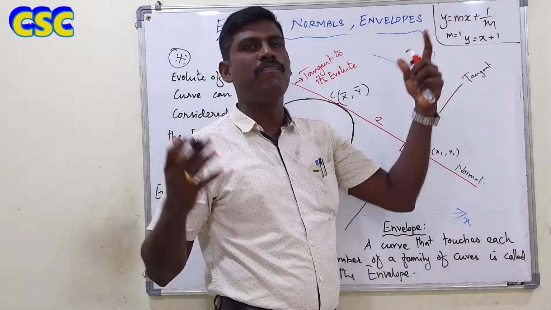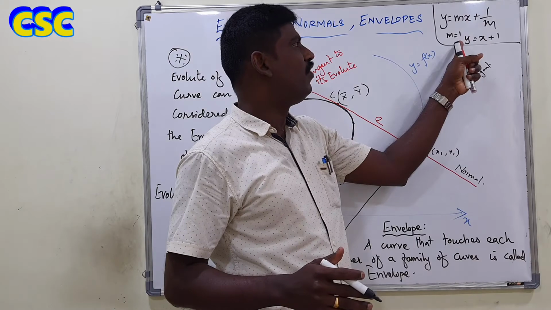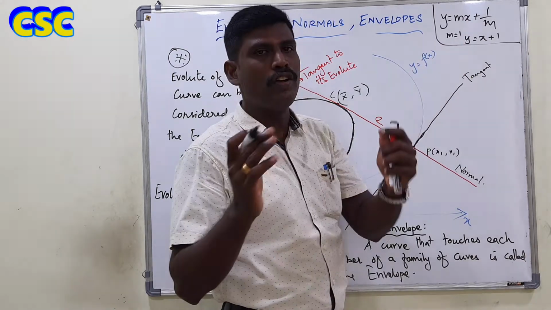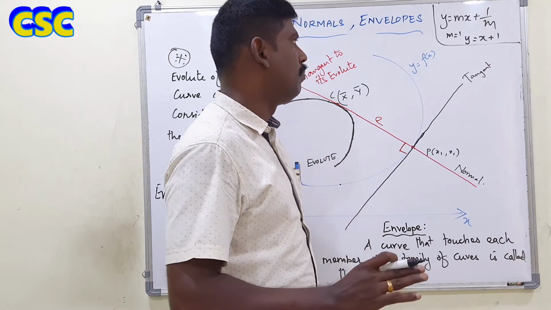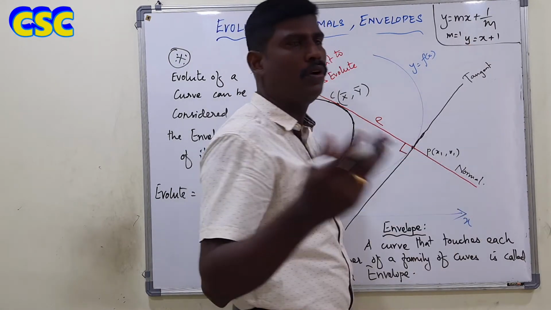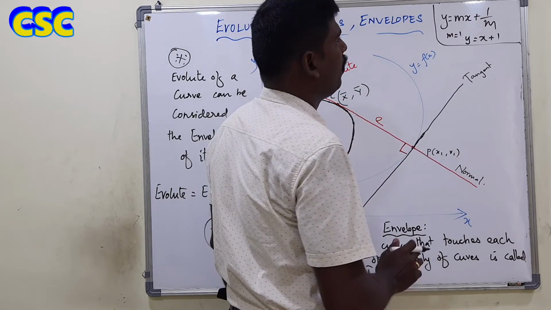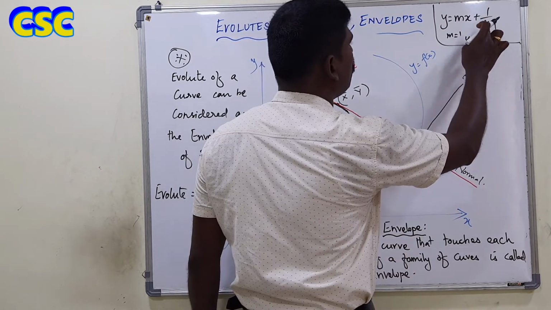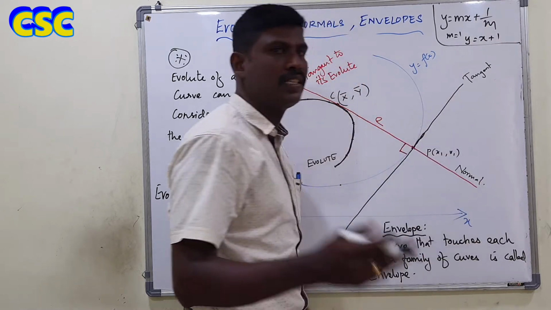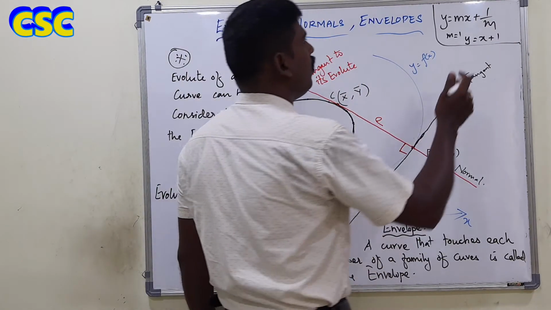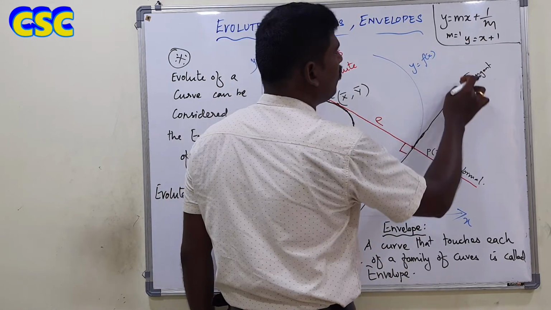There are crores of members belonging to this family. Just for understanding, I find only one member by giving a suitable value for m. Similarly, you can give m equal to 2, m equal to root 5, any real number except 0. Why? Because substituting m equal to 0, the expression becomes infinity, so the curve does not exist.